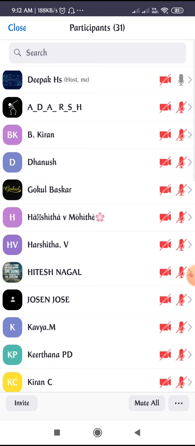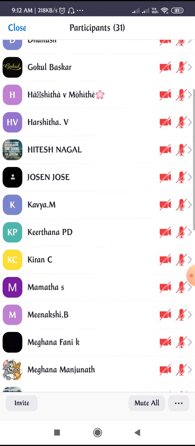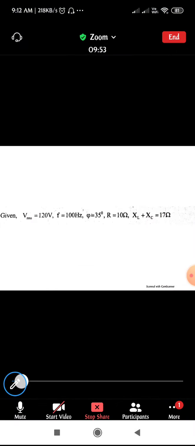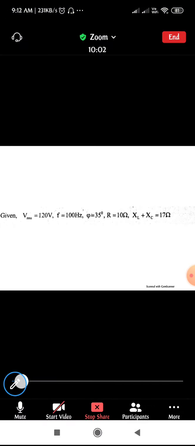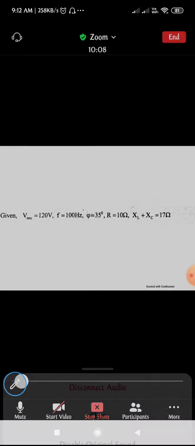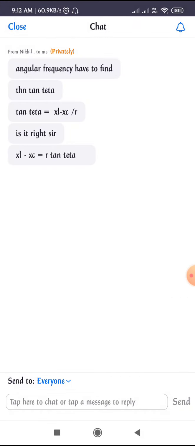Yes, Gokul is here. Gokul, which is the formula you're going to make use of? Yeah, correct, Nikhil. Go ahead. Don't write it as theta, okay? It is phi. Always the phase difference is denoted by the letter phi. This is the symbol, not this one.